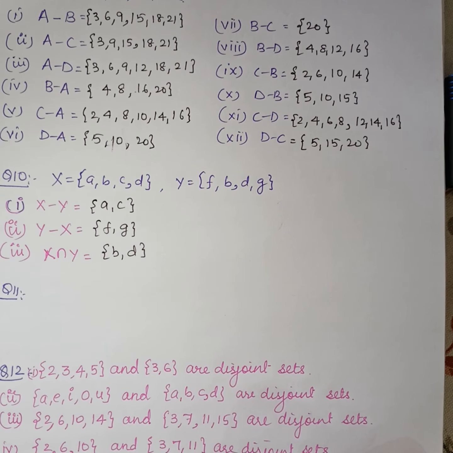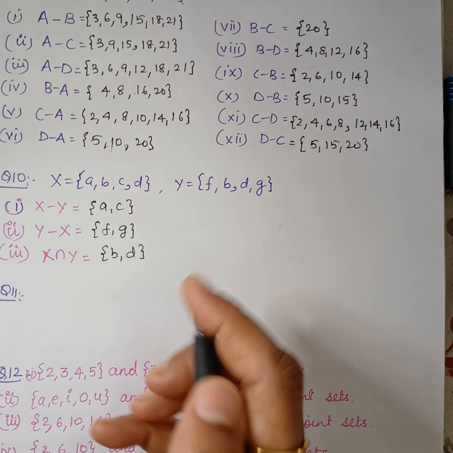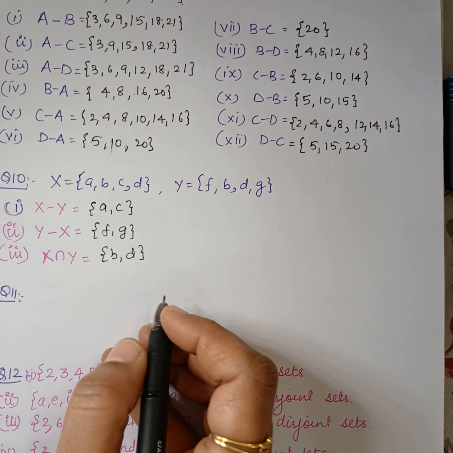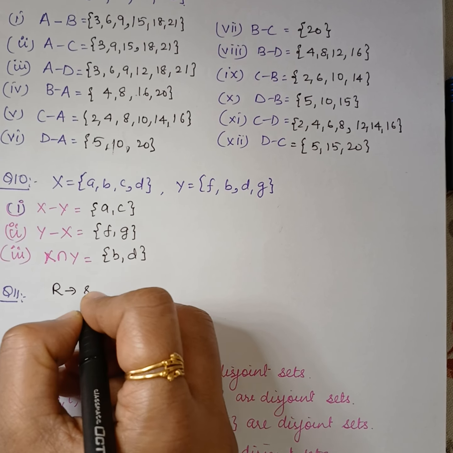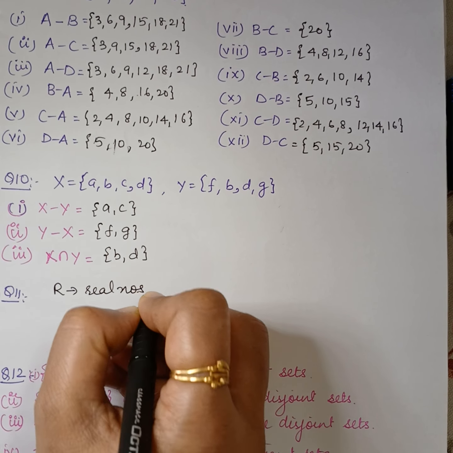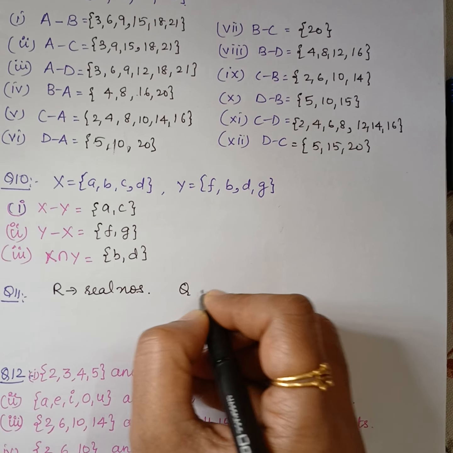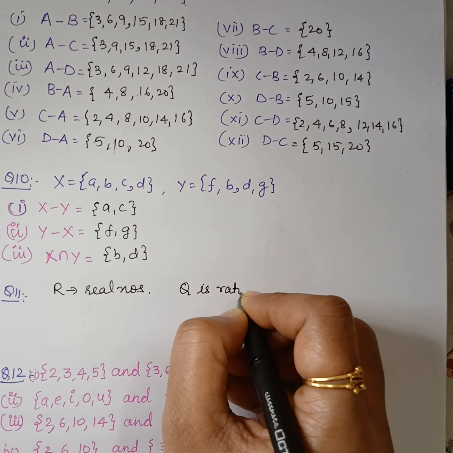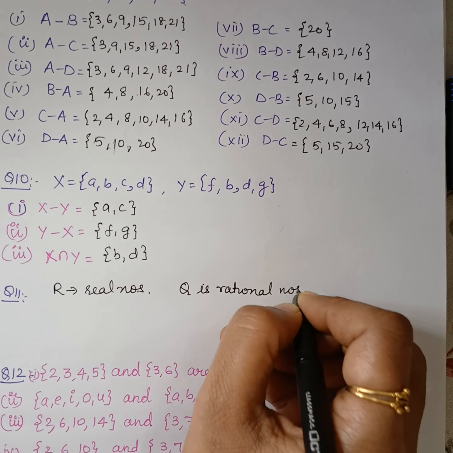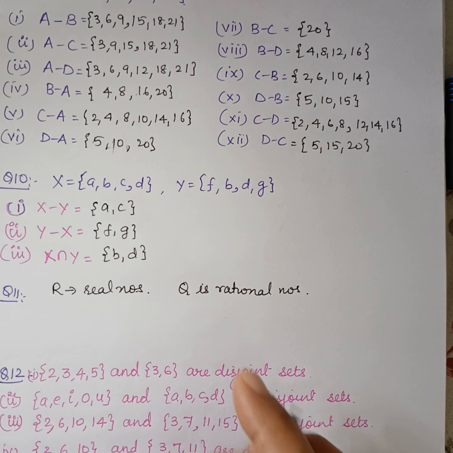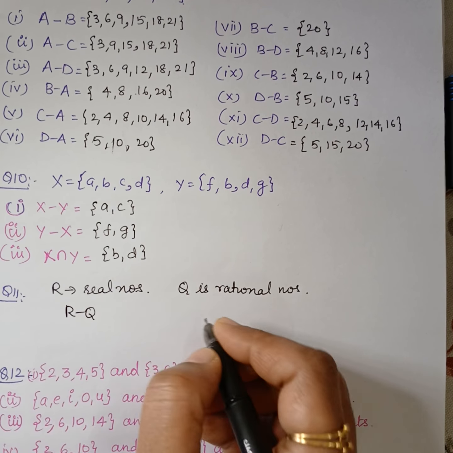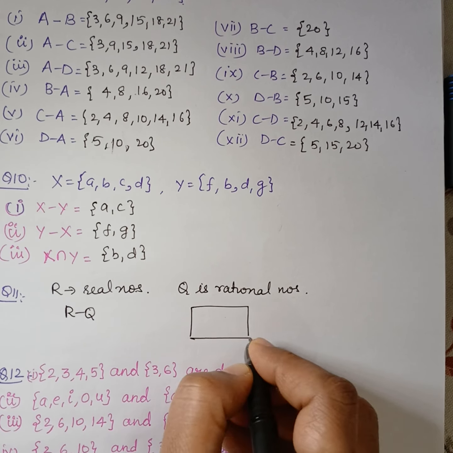Now question number 11, they are saying R is the set of real numbers and Q is the set of rational numbers, right? So then what is R minus Q? Now we know what real numbers are.